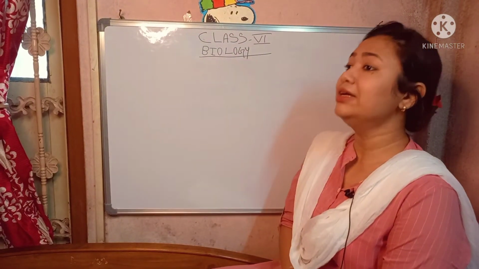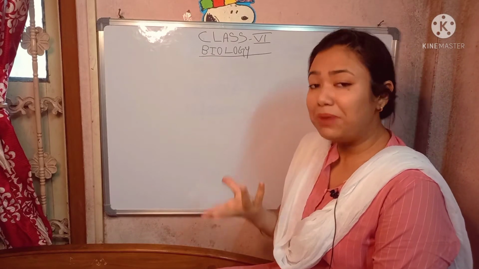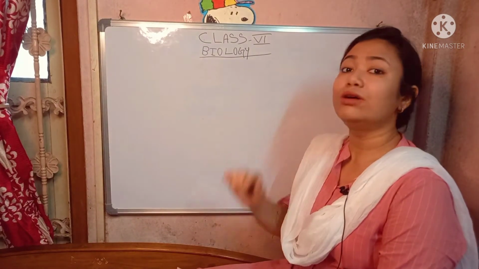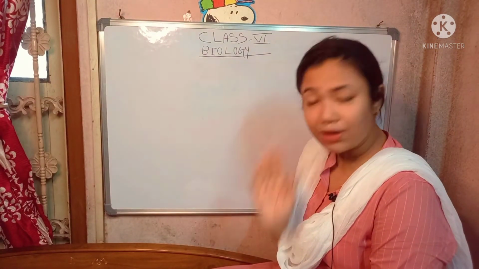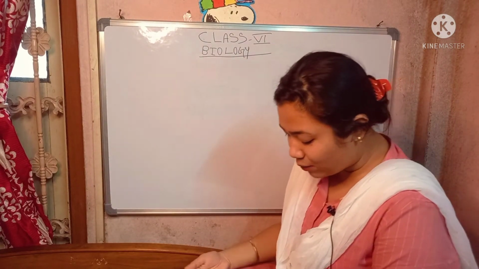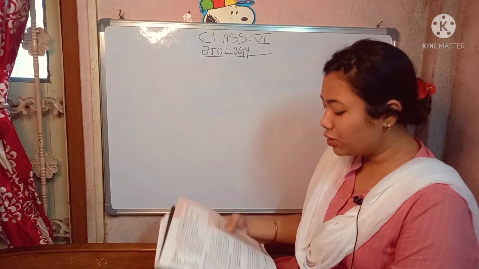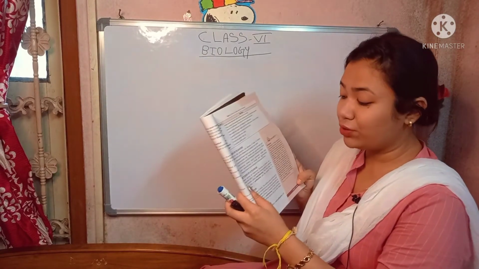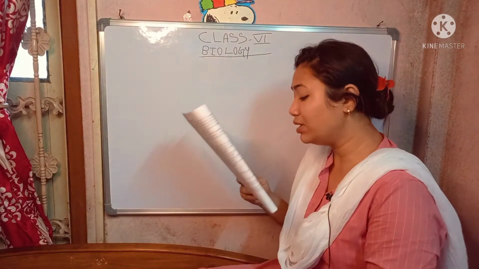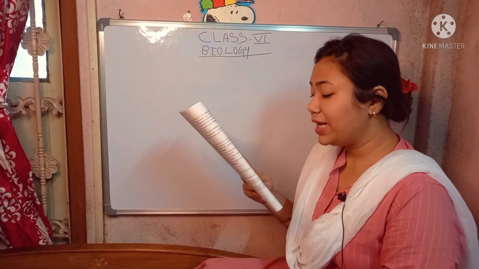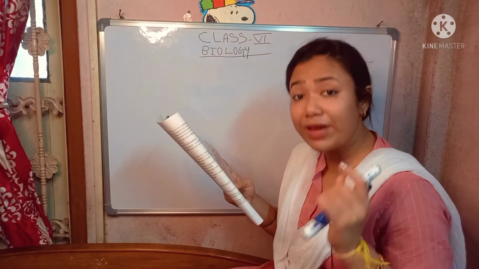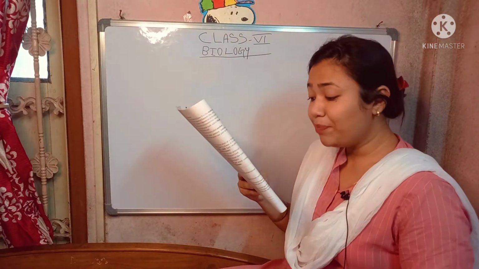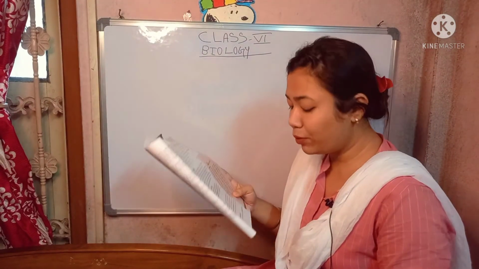Reproduction, to give birth to a new plant body, is the main work of flower. As you can see in page number 21, point functions of a flower, as a reproductive part, it ensures the continuation of a species by the process called reproduction.